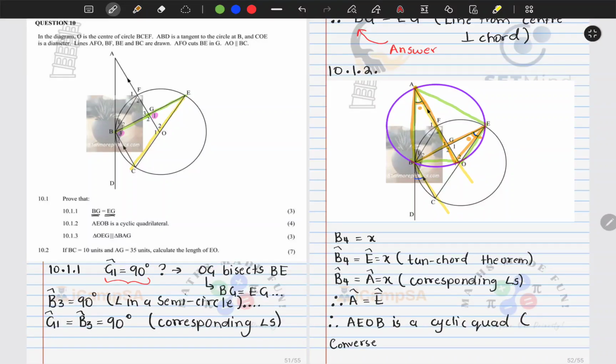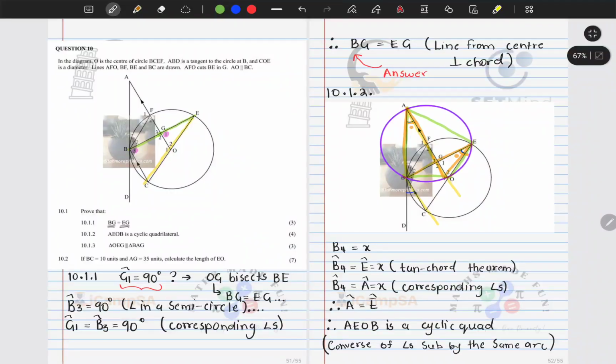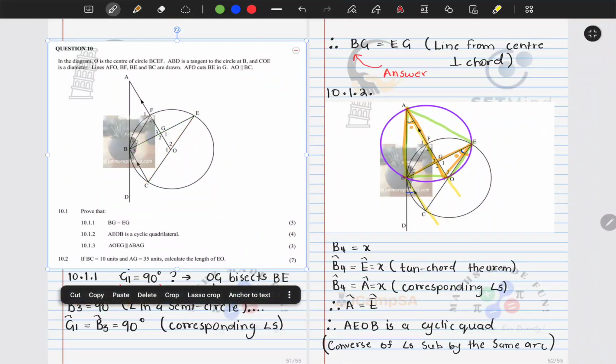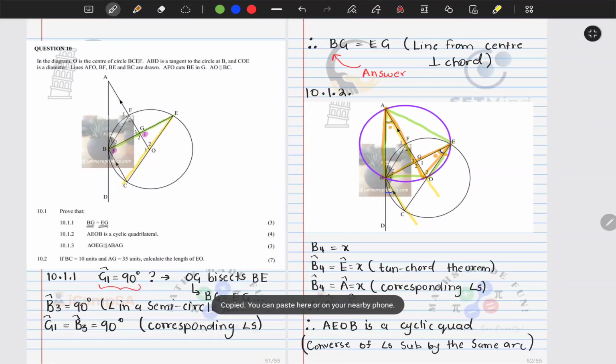So what would be the converse? For a cyclic quad, we would say these angles are in the same segment, or they are subtended by the same arc. So the converse of angles subtended by the same arc. Okay, so that would be our reason. I hope that makes sense to you guys. Let's have a look at the next set of questions.